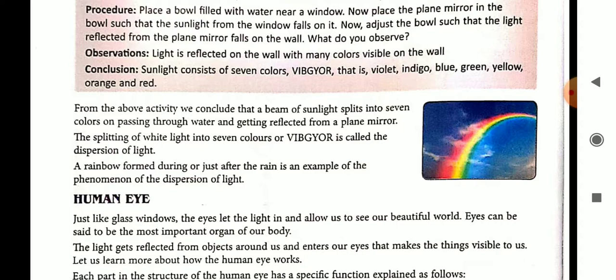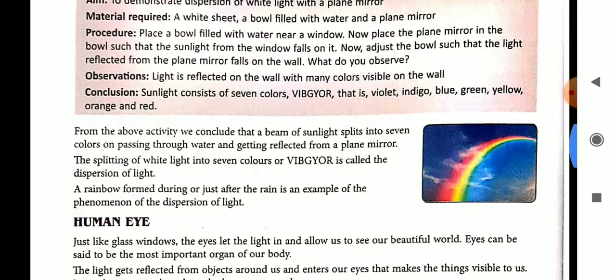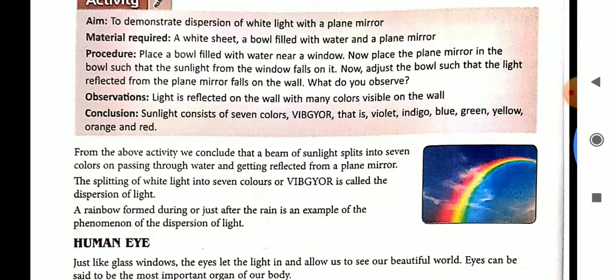It can form a band of 7 colors on the screen, on the wall, and this is known as spectrum. So dispersion is the process of splitting of light, and after dispersion the band of 7 colors formed on the screen is known as spectrum.